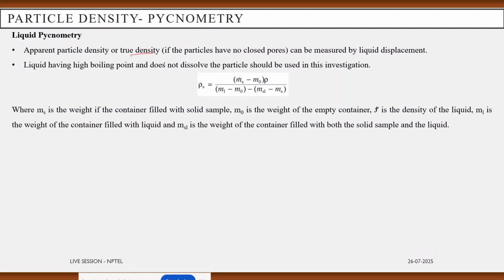where we get the weight of the container filled with solid sample minus the weight of the empty container.